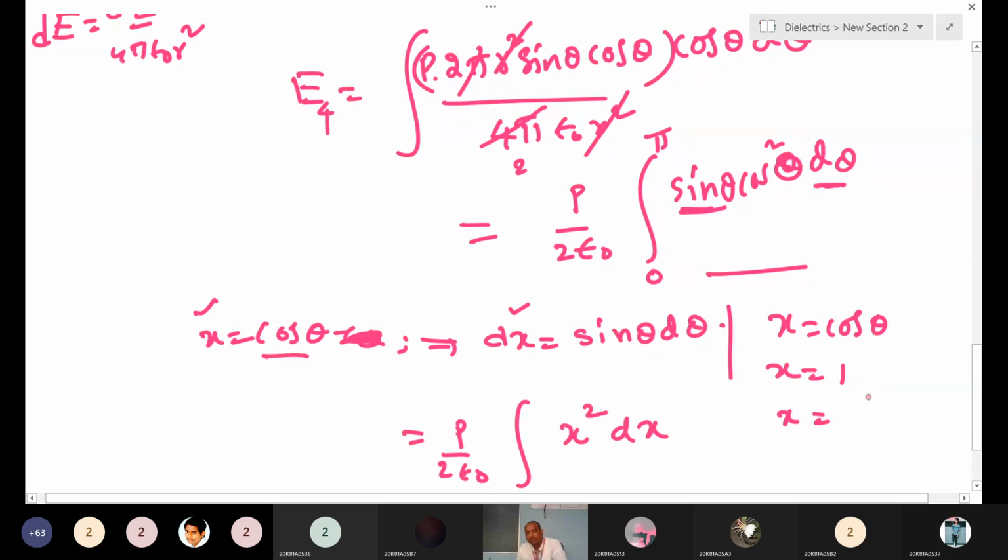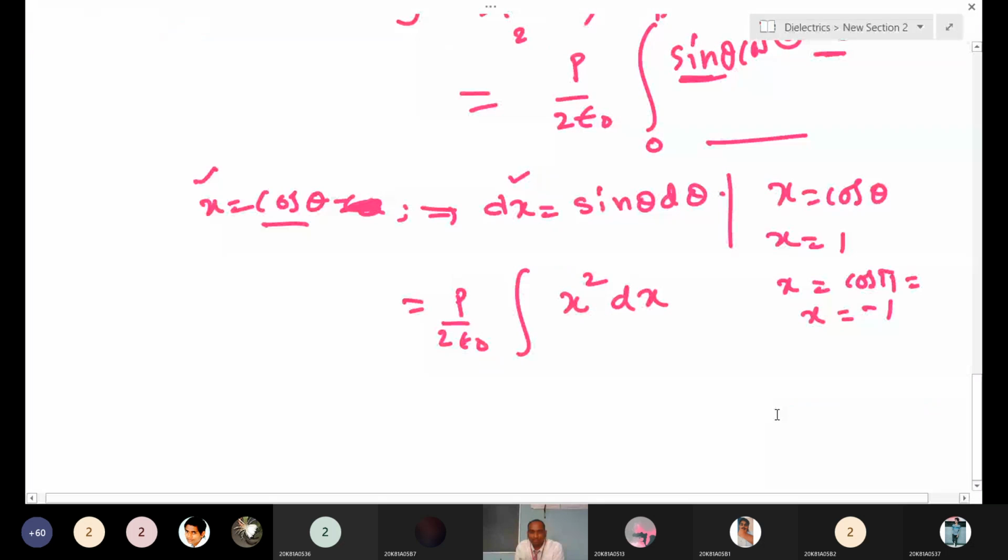It is minus 1. So now the values are +1 and -1.